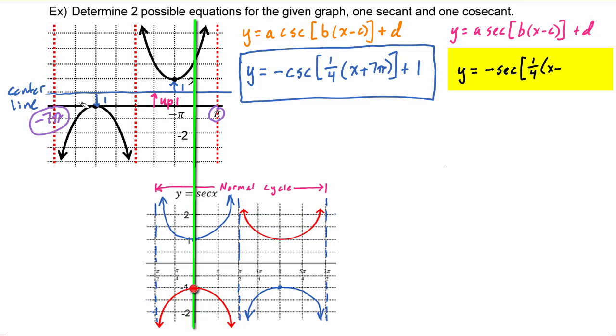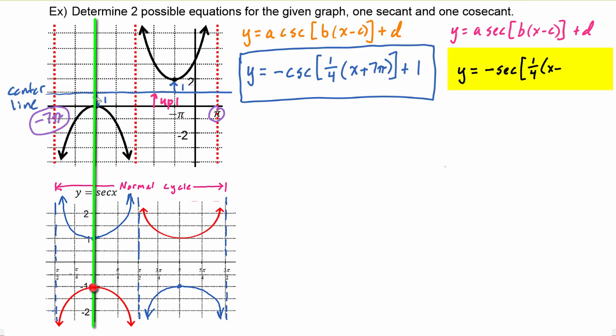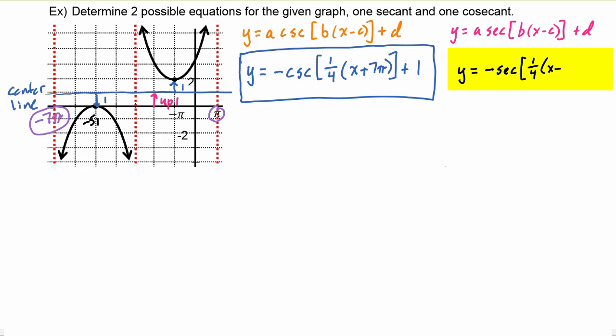So that means the phase shift for this negative secant function is that it is to the left by whatever this x value is, and this looks like it is 1, 2, 3, 4, 5. So this is negative 5 pi for this x value.